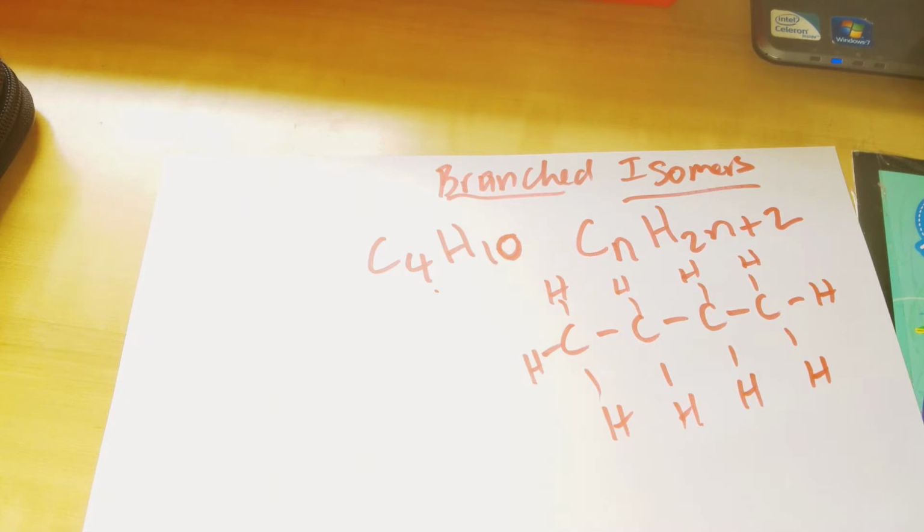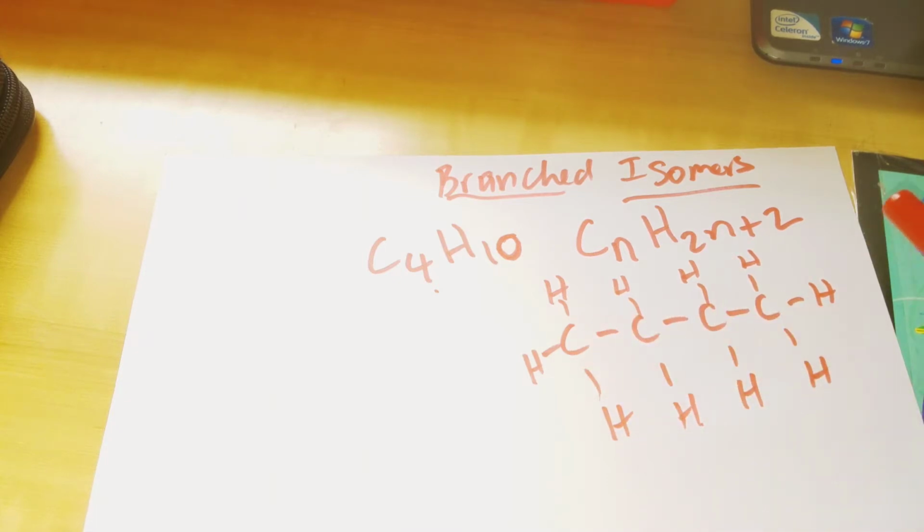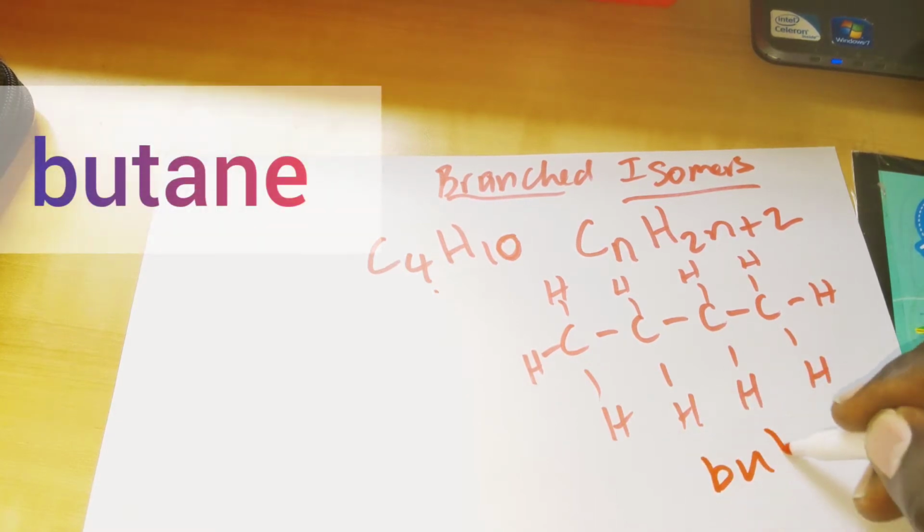So we're going to count the number of carbons: 1, 2, 3, 4. Let's count the number of hydrogens now: 1, 2, 3, 4, 5, 6, 7, 8, 9, 10. So it's C4H10. It matches the molecular formula, and of course this is butane.